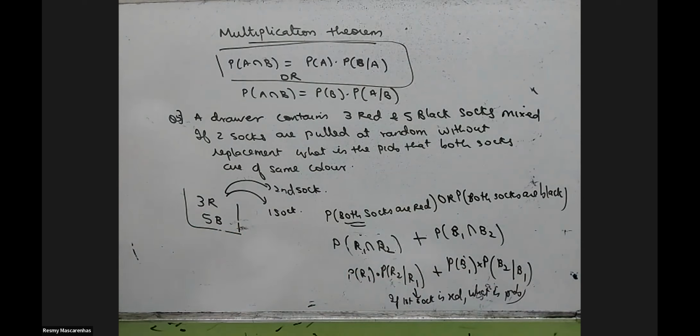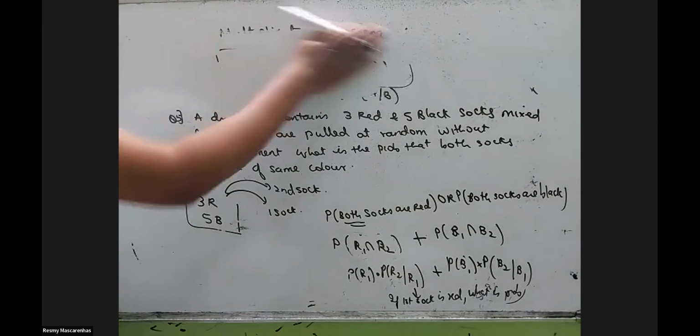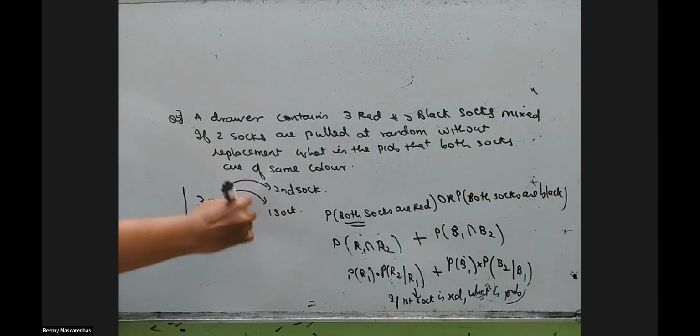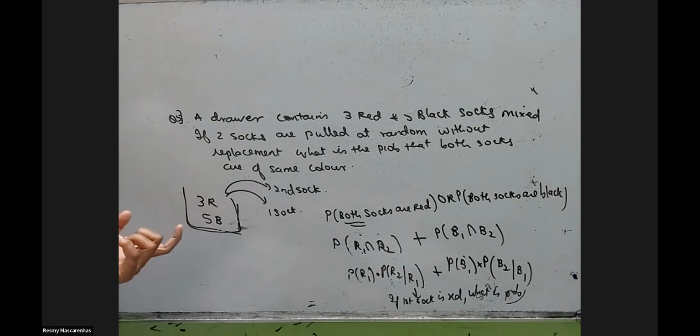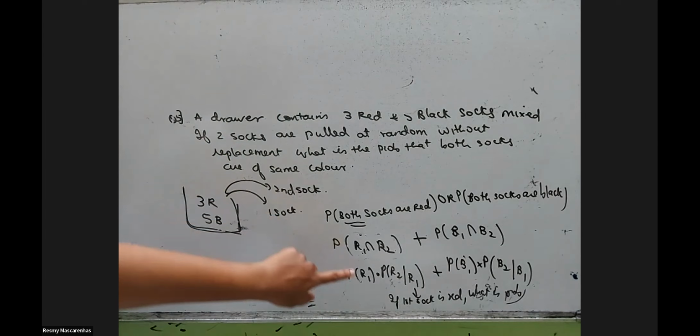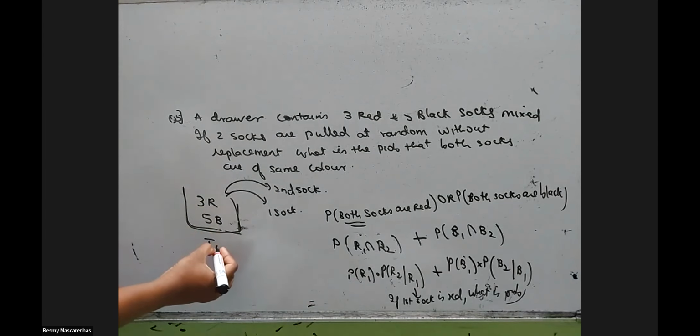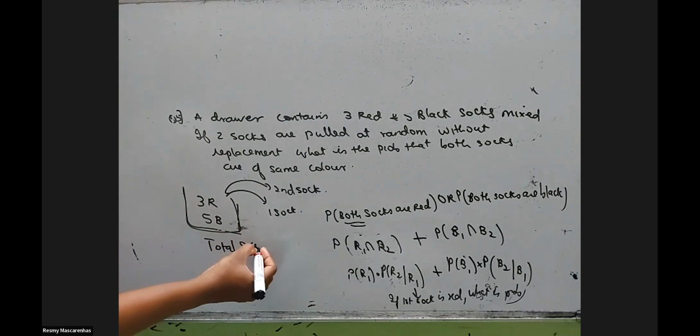So it's calculated, very simple. See, I'm starting to perform the experiment now. I'm given this box and I'm going to pick up one sock. What are the chances of a red sock coming out the first time I pick? There are 3 red socks out of a total of 8 socks.